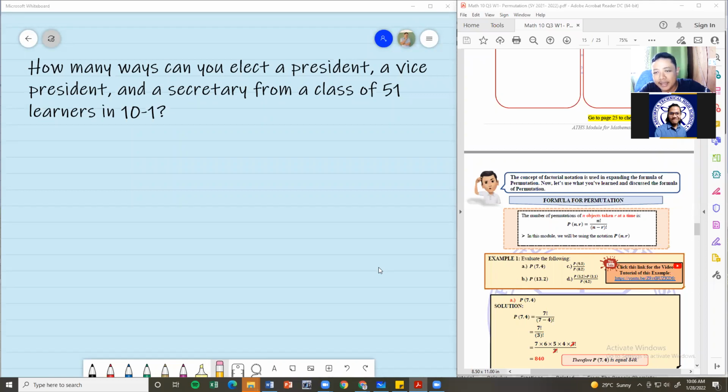Let's see. Mas maganda siguro when you type your answer, align with your answer the method that you used. Halimbawa, ang sagot ko is 124 million. Tapos dash FCP. Parang ganun. O kaya permutation formula. Parang ganun.